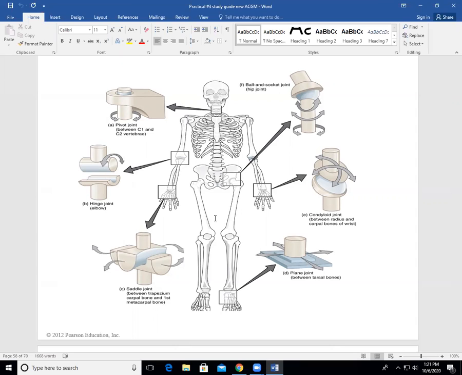Between the radius and the carpal bones of your wrist, you have condyloid joints. Between your carpal bones and your first metacarpal bone for your thumb, you have a saddle joint. Your elbow joints are hinge joints, as well as your knee joint. You also have plane joints between your tarsal bones and carpal bones.